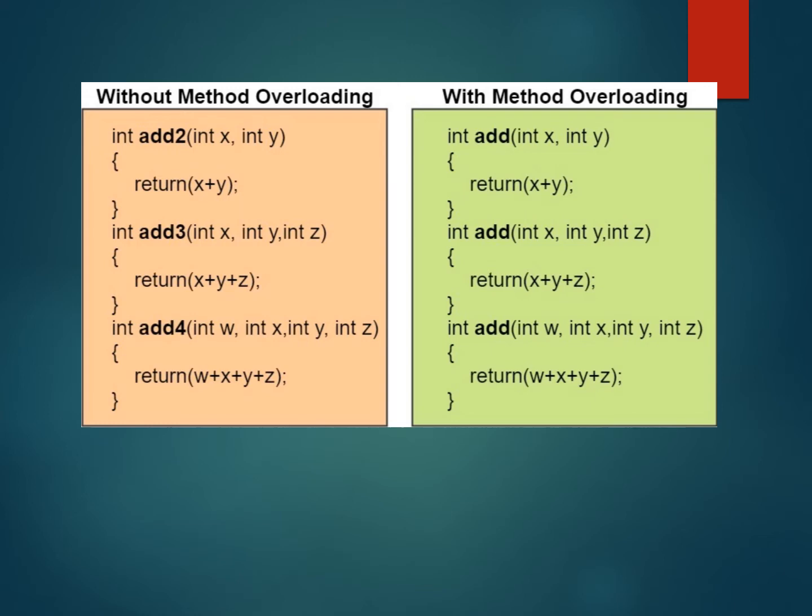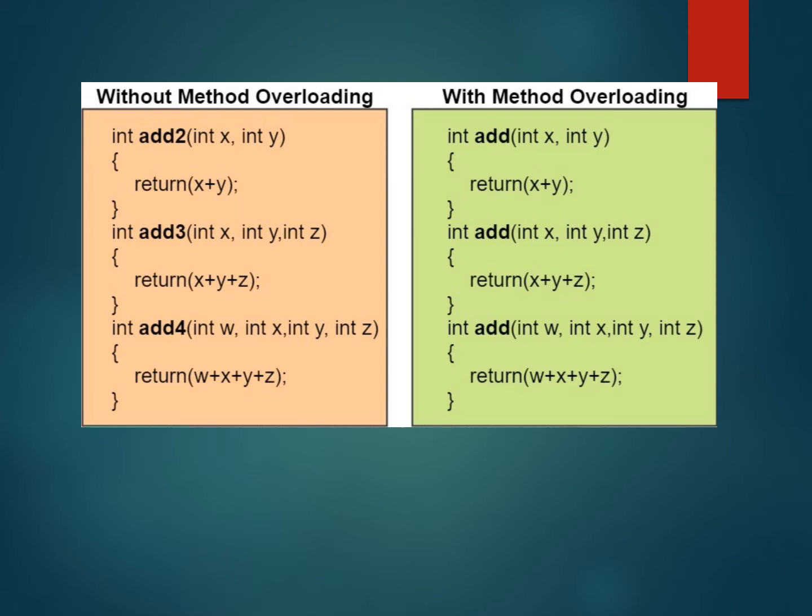the example of the class with method overloading has all three methods defined again in the same class, but here all three methods have the same name, that is add, and the list of formal parameters is different, meaning the number or the type of the formal parameters is different.